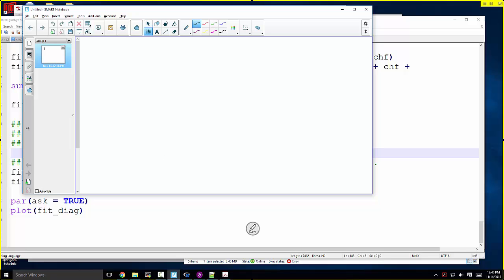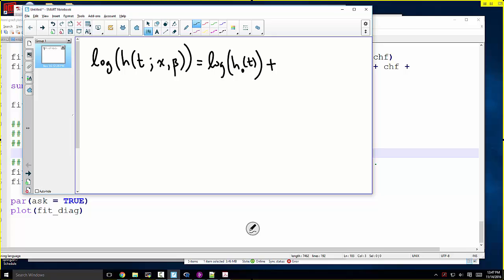So the Cox model is that the log hazard at time t for an individual with covariates x and for beta coefficients beta, this equals the log baseline hazard plus x beta.